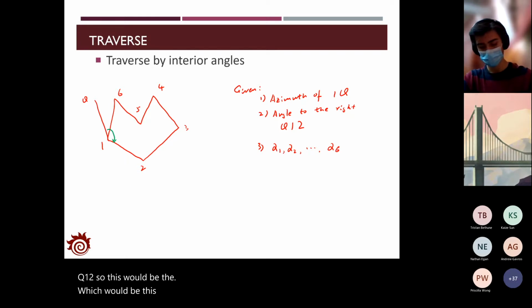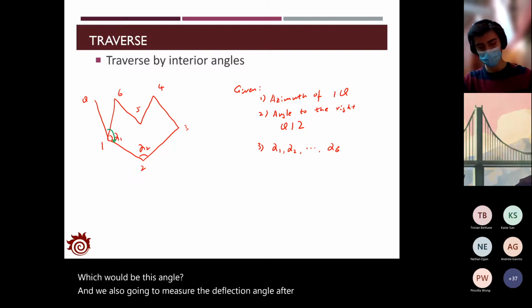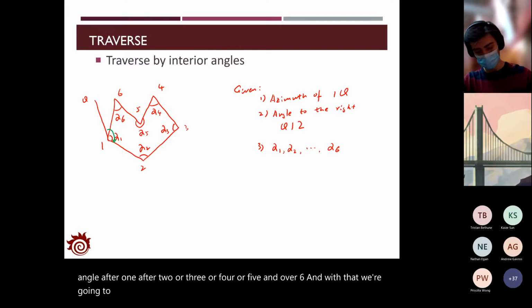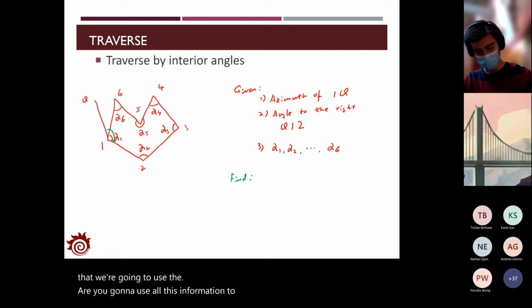And we're also going to measure the interior angles alpha 1, alpha 2, alpha 3, alpha 4, alpha 5, and alpha 6. And with that, we're going to use all this information to find the azimuth of all the sides.